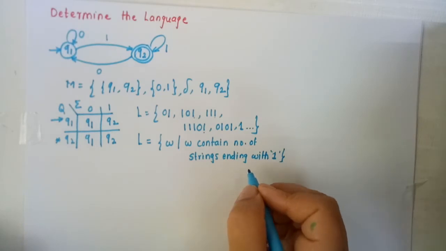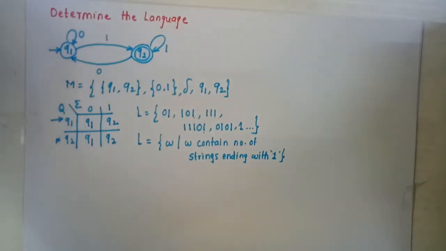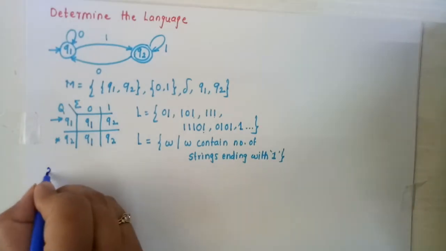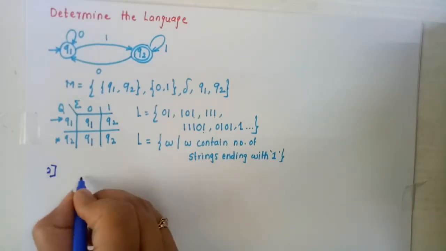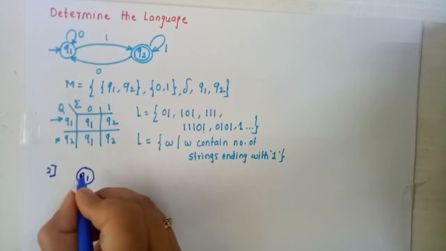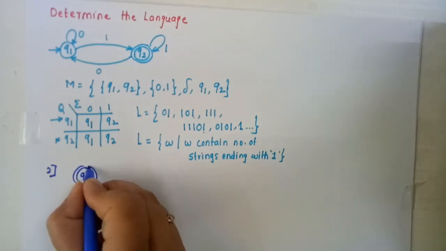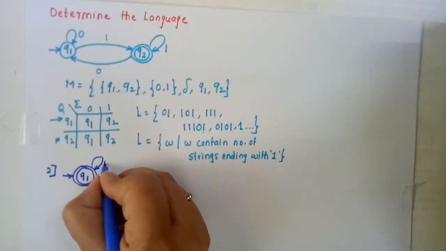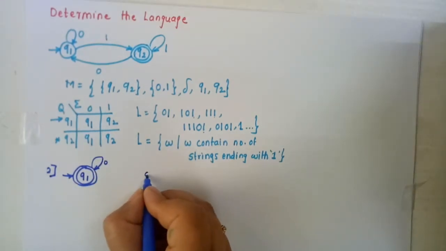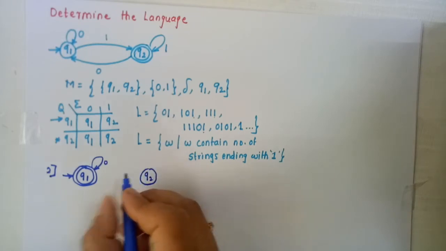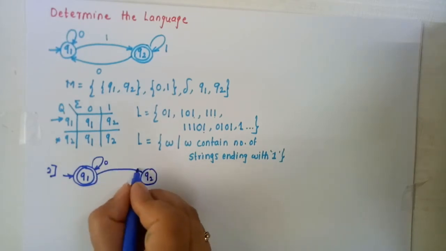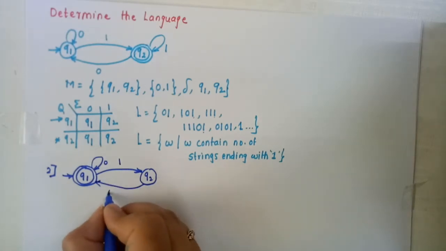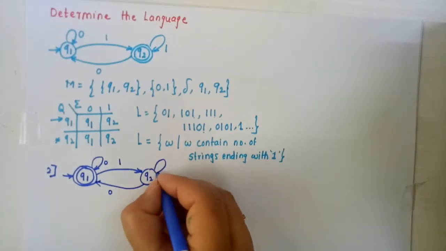Second example we consider. Suppose the second example has q1, which is your final state as well as initial state. Then again a self loop on 0. Next the q2 state: q1 to q2 on symbol 1, q2 to q1 on symbol 0. Again the self loop is 1.